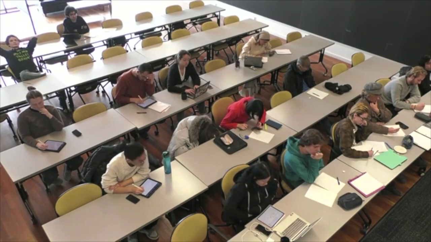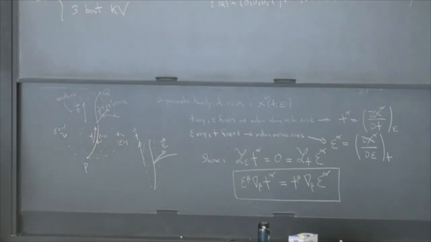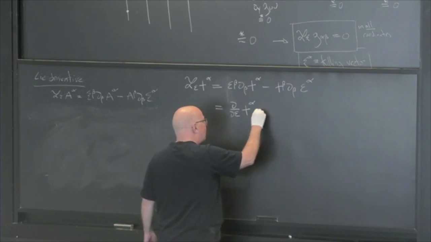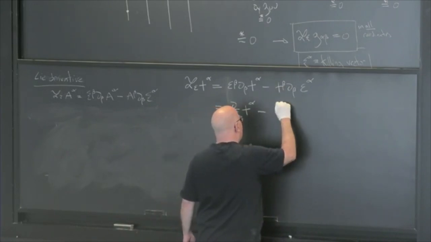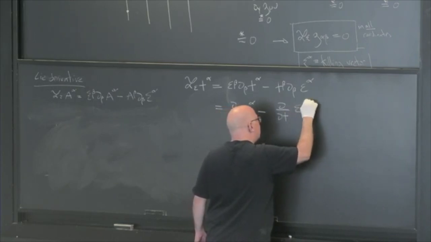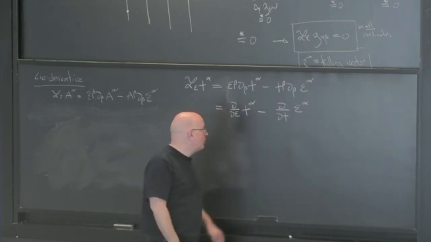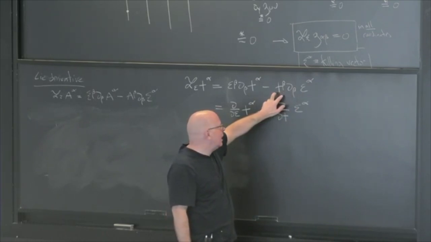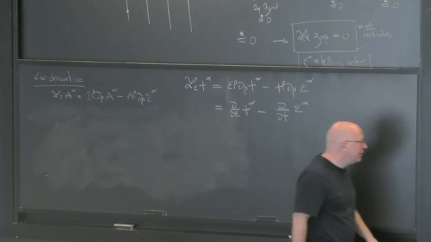All right, so let me complete this, because maybe not everybody saw where we were going with this. So here I'm defining the epsilon derivative of t alpha. Here, by the same reasoning, I'm talking about the t derivative of the epsilon vector. Because what am I doing here? I take derivatives with respect to all the coordinates, then multiply by t beta.